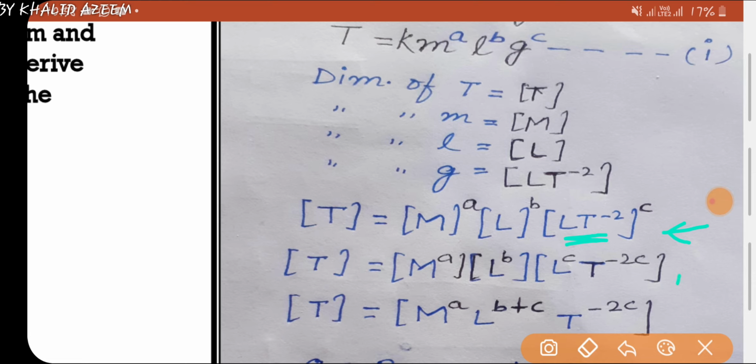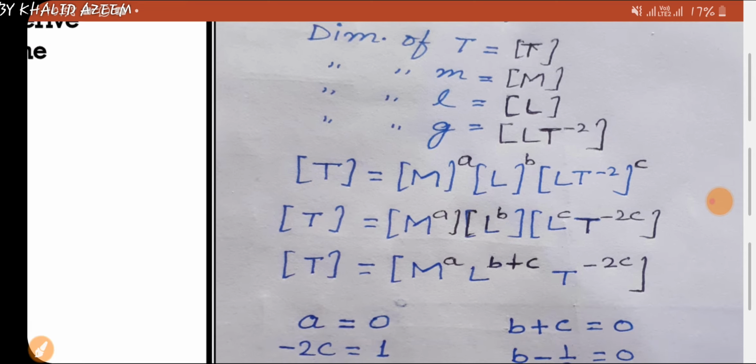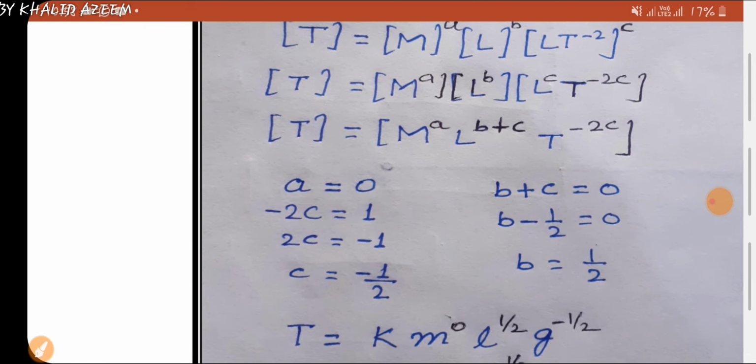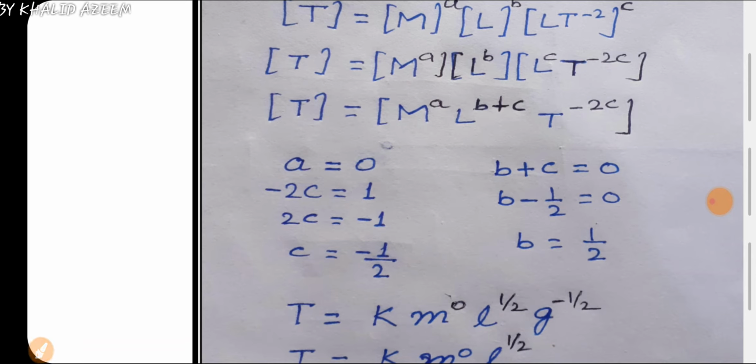So on combining the brackets, we get this line: m to the power a, L to the power b here, and c here. So the total power will be b plus c and T to the power minus 2c. So now I am comparing the power of both sides.